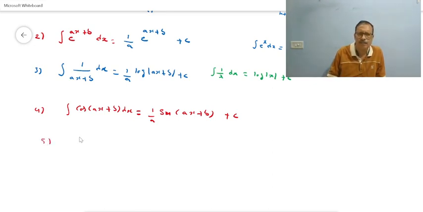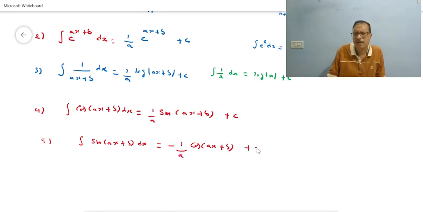Suppose the integral of sin of ax plus b dx. What is integral of sin x dx? Minus cos x. So minus cos of ax plus b, with the coefficient a in the denominator, plus constant. So integral of sin of ax plus b dx is minus 1 by a cos of ax plus b plus constant.